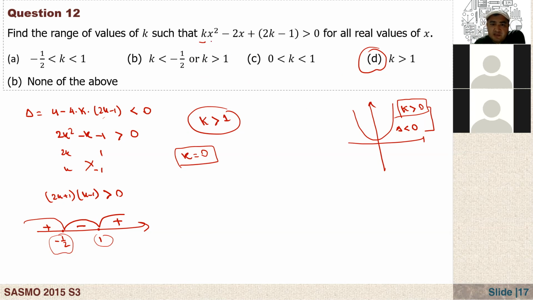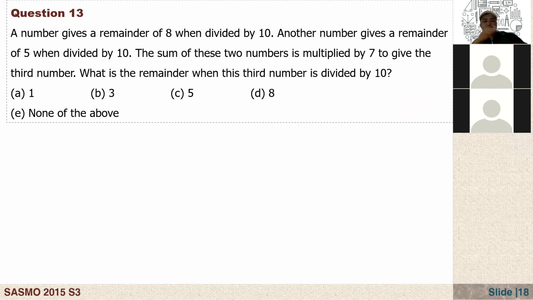As you see here, it becomes minus 2x minus 1 greater than 0, but it doesn't hold for all values of x. So that means we don't have to consider this case. But sometimes when it is 0, we may have an identity, which means that this inequality holds for all values of x. Anyway, if I have a question like this, I can share it with you next time. Let's move to the next question.